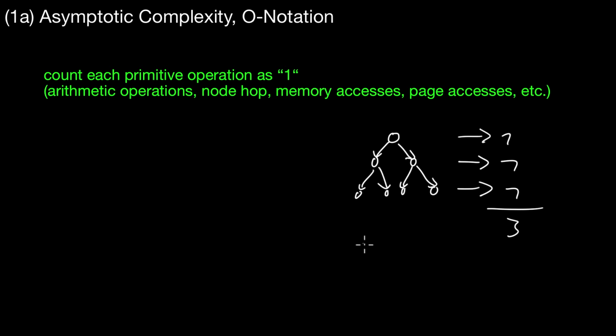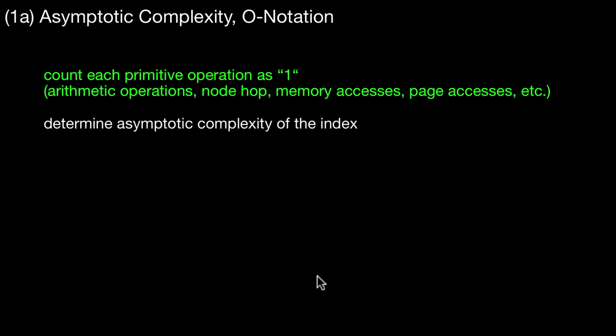And then, based on that, you design index structures that have specific properties, that have good runtime complexities with respect to O notation. Important here is that you only determine the asymptotic complexity of the index.